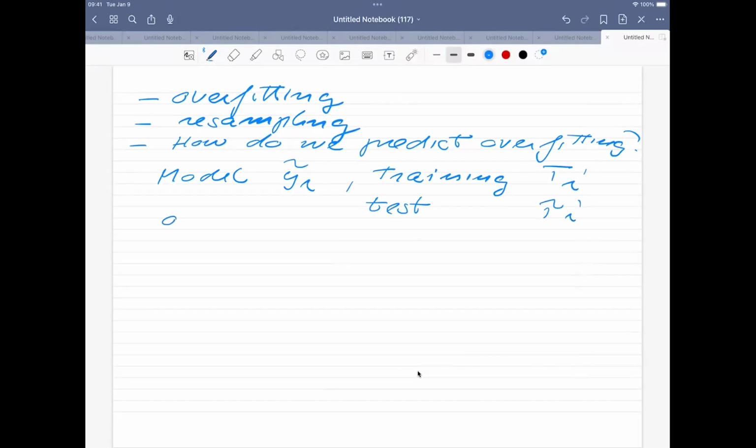And then we have the output, which is y_i. So this is just for one data set. And what we want then is some error on the test data. So this is typically the thing we want to present.